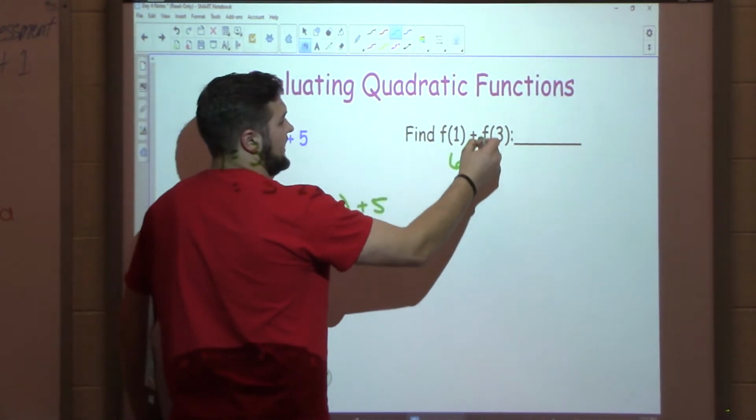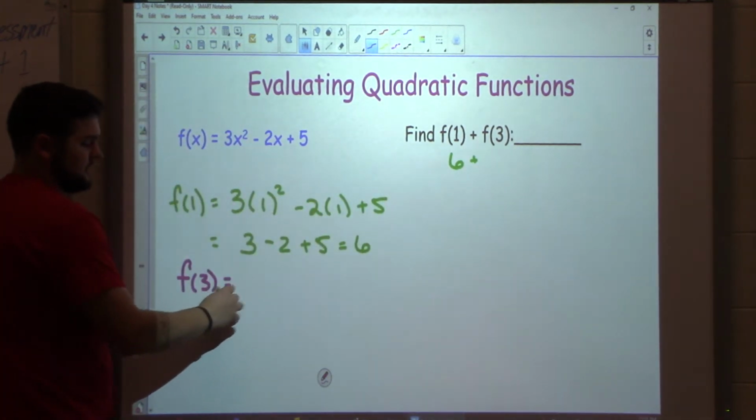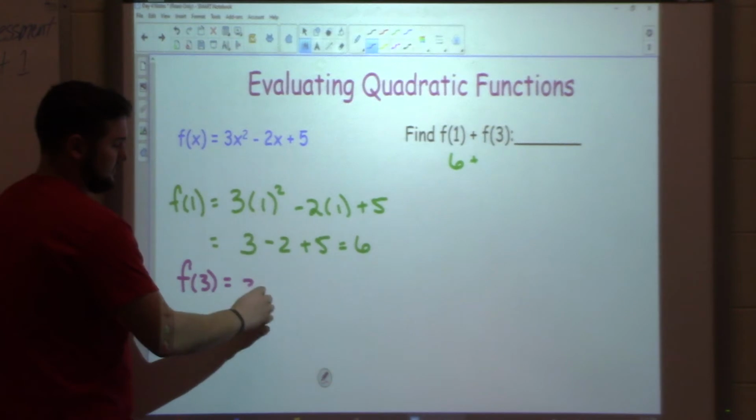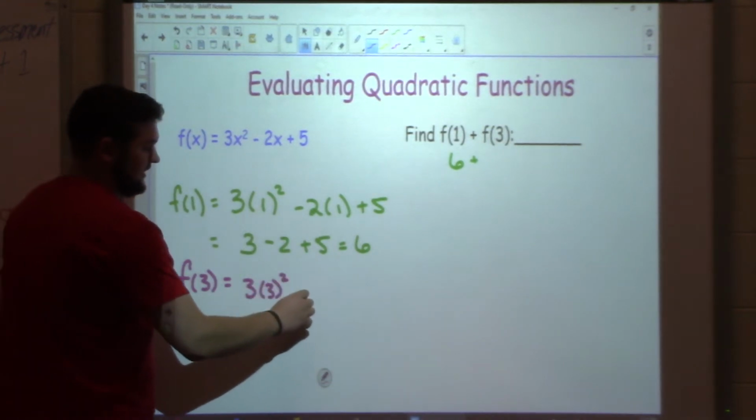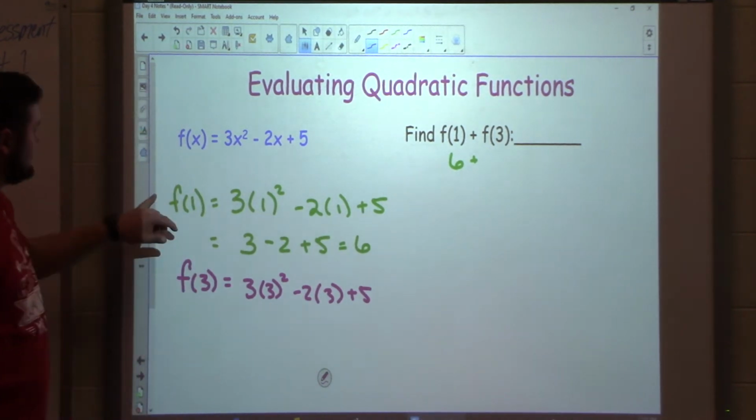So I need to now find f of 3. Plug 3 in for x. 3 times 3 squared minus 2 times 3 plus 5.